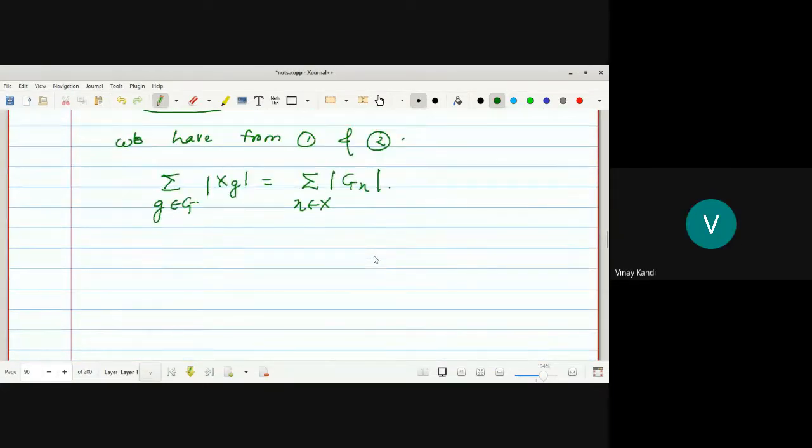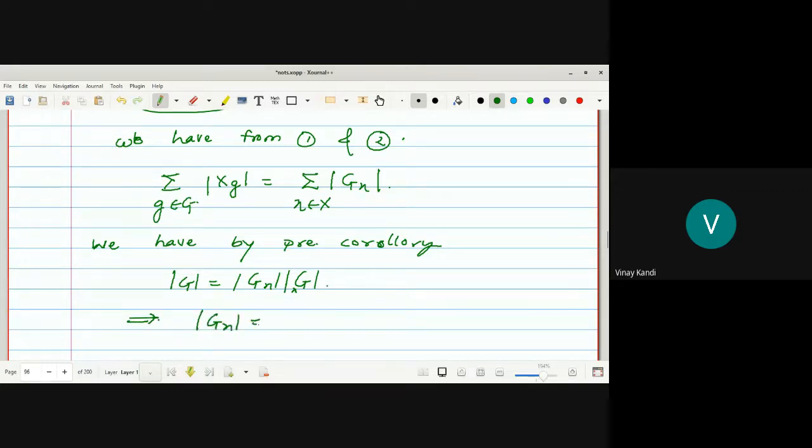Now, by the previous cover, what we have is: order of G is equal to order of Gx times order of Xg. So that implies order of Gx is equal to order of G upon order of Xg.